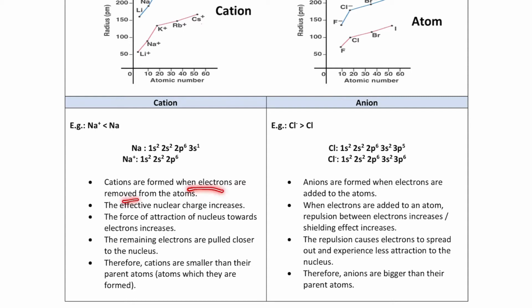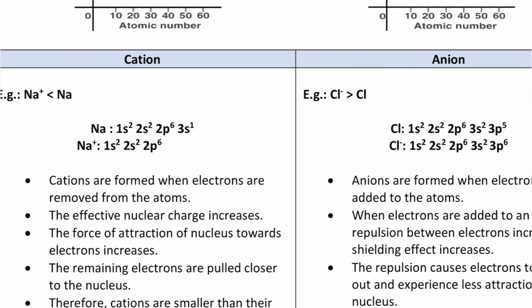Cations are formed when electrons are removed from the atom. When we remove the electron, the effective nuclear charge increases. Why does effective nuclear charge increase? Let's do the calculation here. We already know Zeff equals Z minus S. Z is the proton number.